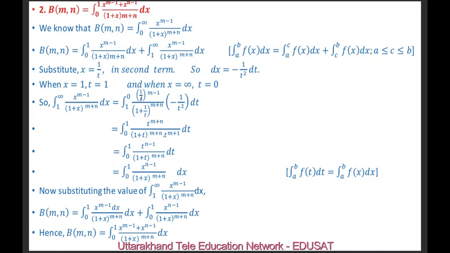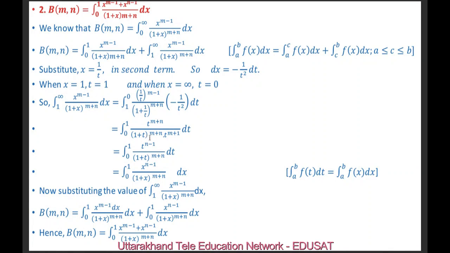Because this t will come in the numerator, this is t raised to m minus 1 and this is t raised to 2, so m minus 1 plus 2, so it is m plus 1. Here it is (1 plus t) raised to m plus n, and this t raised to m plus n will go in the numerator. So again by applying the law of indices, it is t raised to m plus n minus m minus 1.